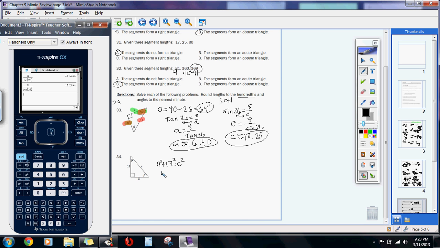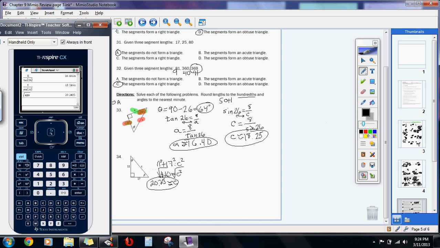We're going to get 410 equals C squared, and then when we take the square root of both sides, we see C is, well, let's do that. The square root of 410 comes out to approximately 20.25, and that is rounded once again. So there's our C value just by Pythagorean theorem.